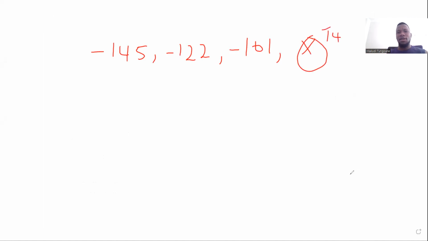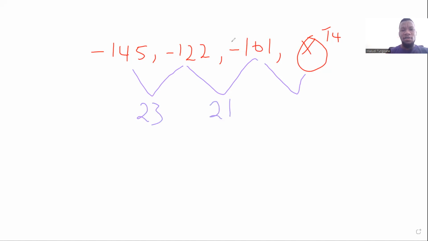But we know that for a quadratic sequence, if we take these differences, this minus this, that's 23, and this minus this, that's 21, I think. And then x minus, that's going to be x plus 101.